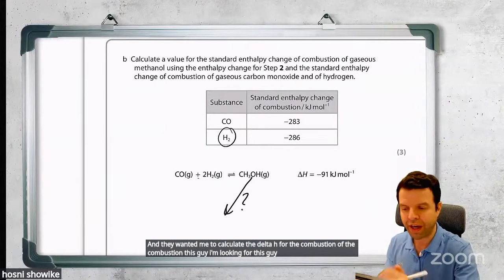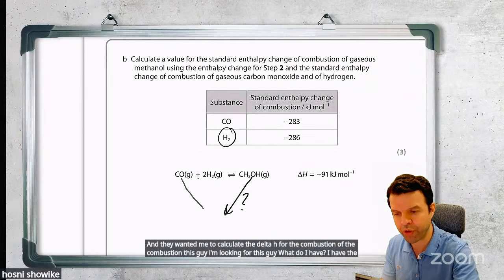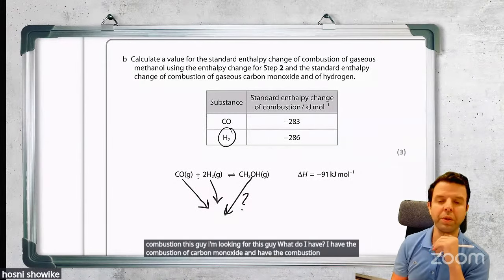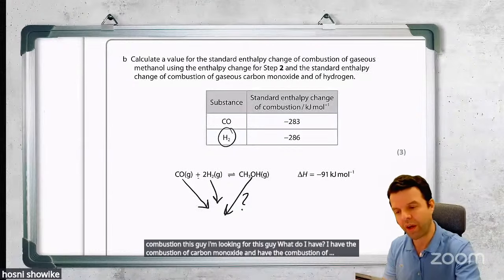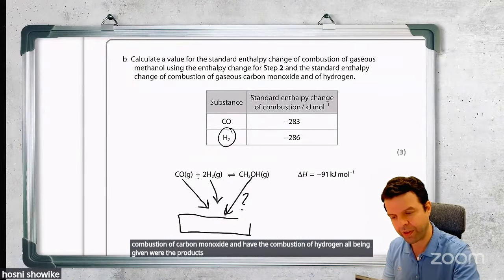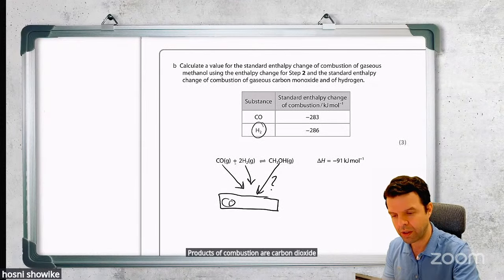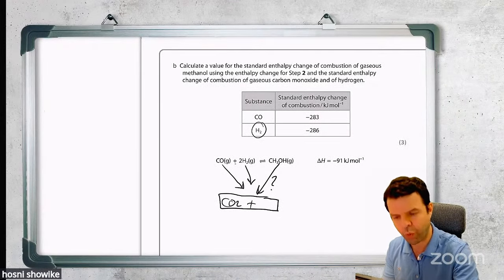What do I have? I have the combustion of carbon monoxide, and I have the combustion of hydrogen, all being given. What are the products of combustion? Products of combustion are carbon dioxide and water, I should say.